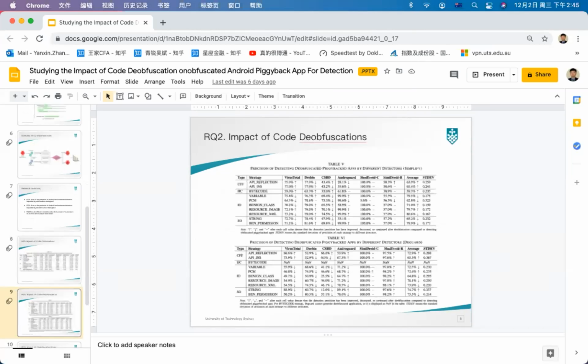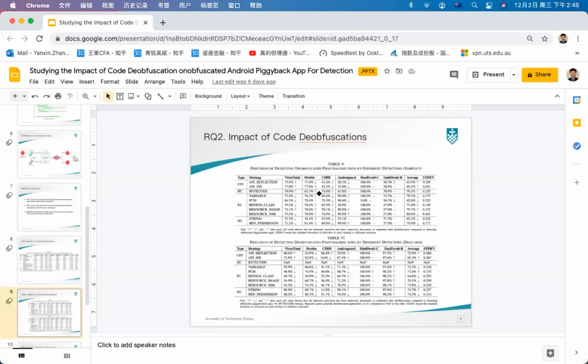Yes, and the second question, for the code de-obfuscation, we have found that if people de-obfuscate this malware, then for some malware the detection rate will decrease, and for some obfuscated malware the detection rate will increase.